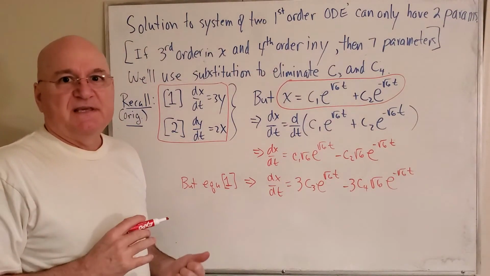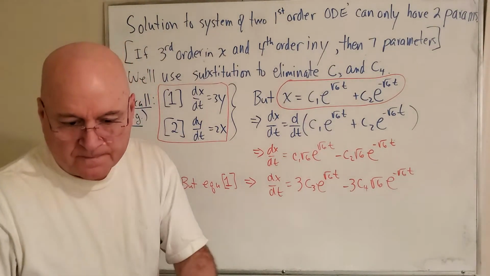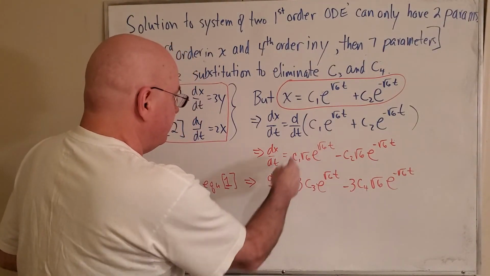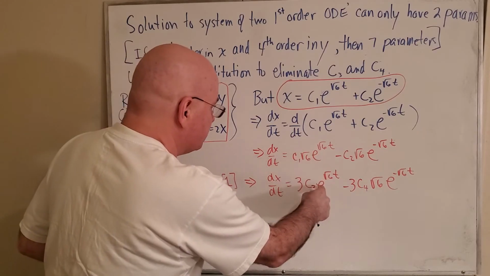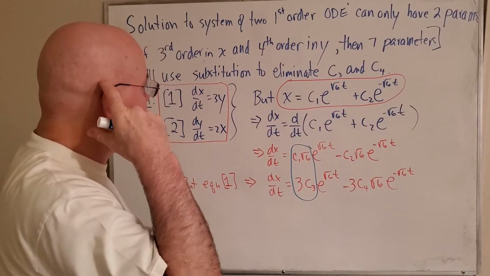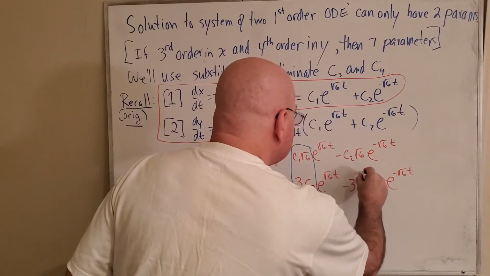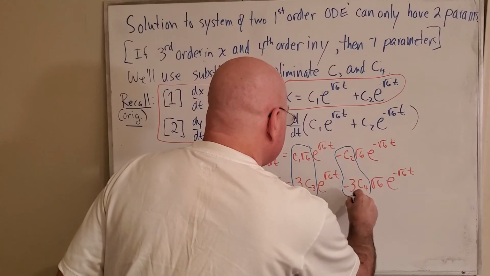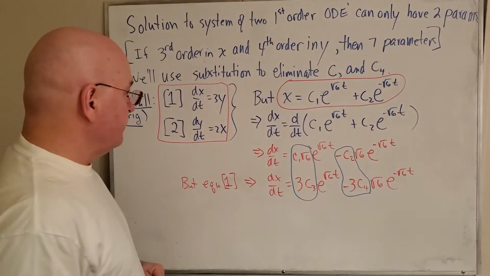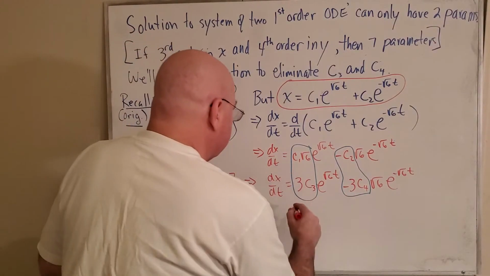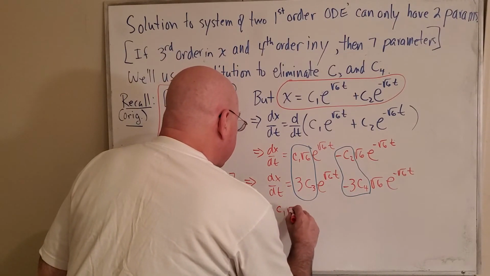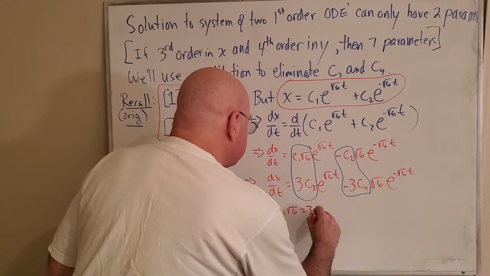Now we can figure out what c3 and c4 are. Notice these equations. This is equal to this. Well, these coefficients are the same, so these two things are equal. And these two things are equal. So what does that mean? It means that c1 radical 6 is equal to 3 c3.